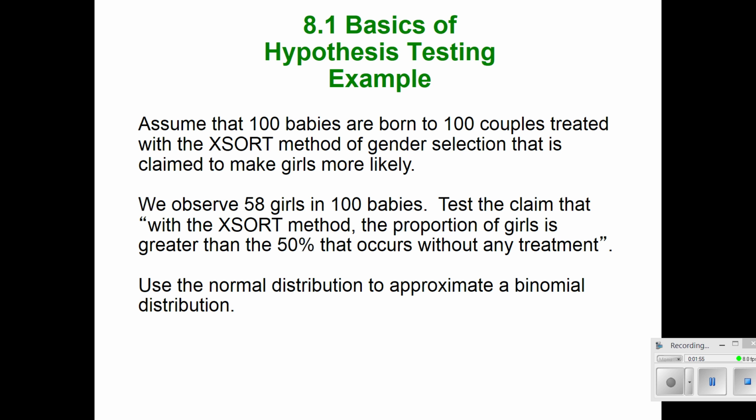We're being told down at the bottom here that we should assume that the normal distribution does apply here. We can use it to approximate our binomial distribution. So that last line I've discussed previously, I think in 7.2, I explained that we can use the normal distribution to approximate a binomial distribution if certain conditions are true.